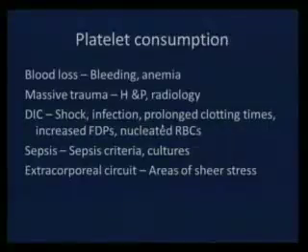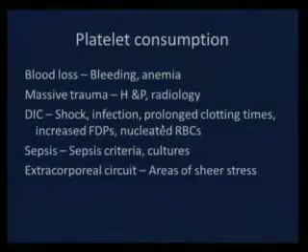So, where can we see an increase in platelet consumption? Blood loss, bleeding, anemia, that's one of the commonest causes, right? So there is nothing I need to talk on that. Massive trauma, how do we find out if the patient might be having a consumptive thrombocytopenia here? History and physical, radiology. Disseminated intravascular coagulation is very commonly seen in critical patients. Patient will usually have shock, infection. The patient will have prolonged clotting times.